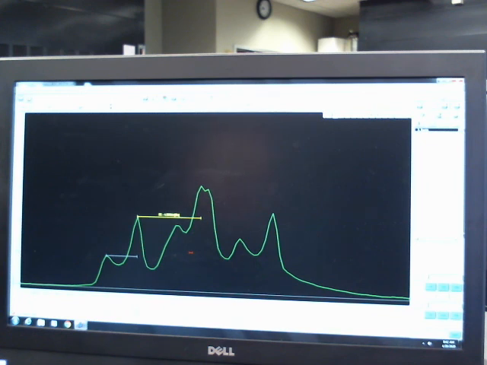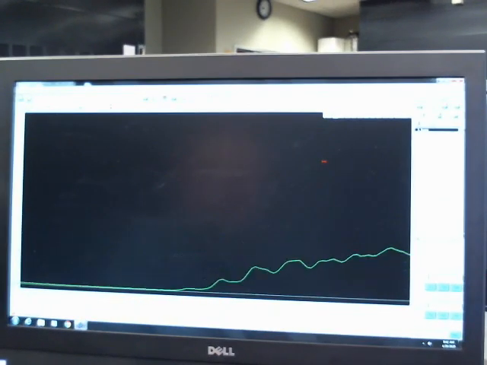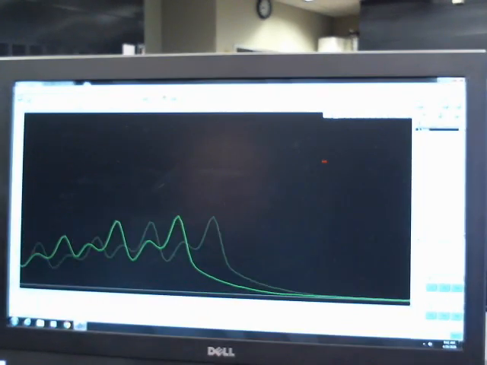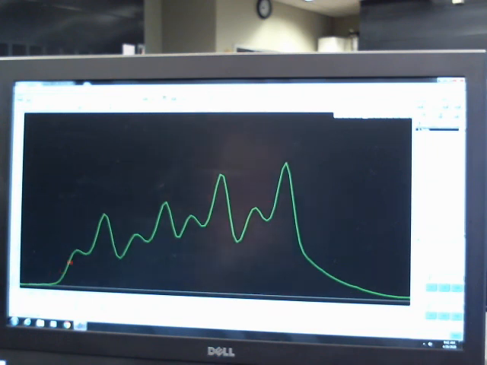Okay, so now I want to do the same thing for A. I'm going to make this bigger. And again, I'm going to measure from here to here, and then from here to here. That should give me the two J's.